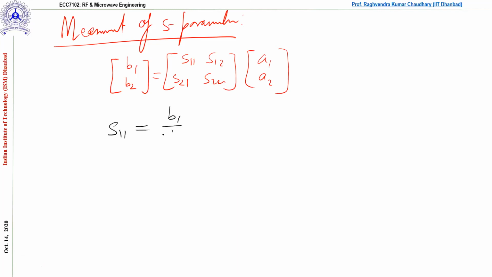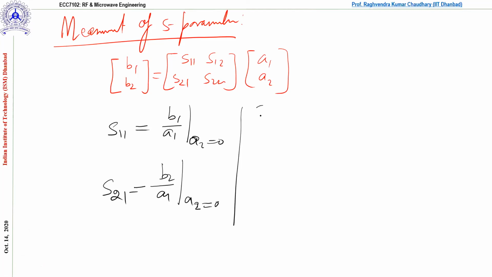B1 over A1 when A2 is 0. And S21 is B2 over A1 when A2 is 0. And S22 is B2 over A2 when A1 is equal to 0.